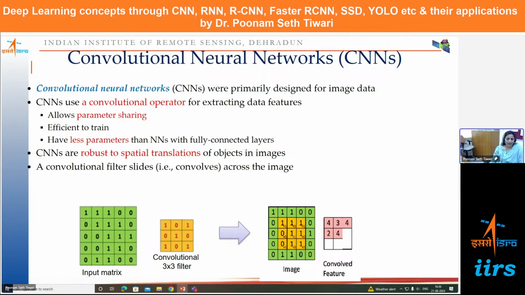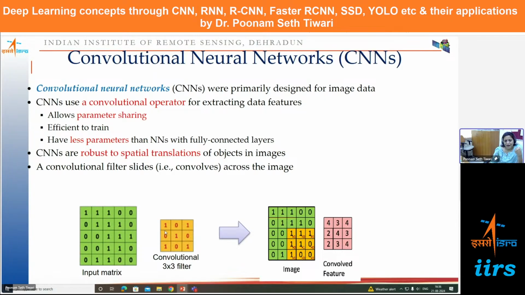Those who have worked in image processing must know about filters, the convolution operation. The convolution filter is an odd-numbered matrix, and it has certain values also.